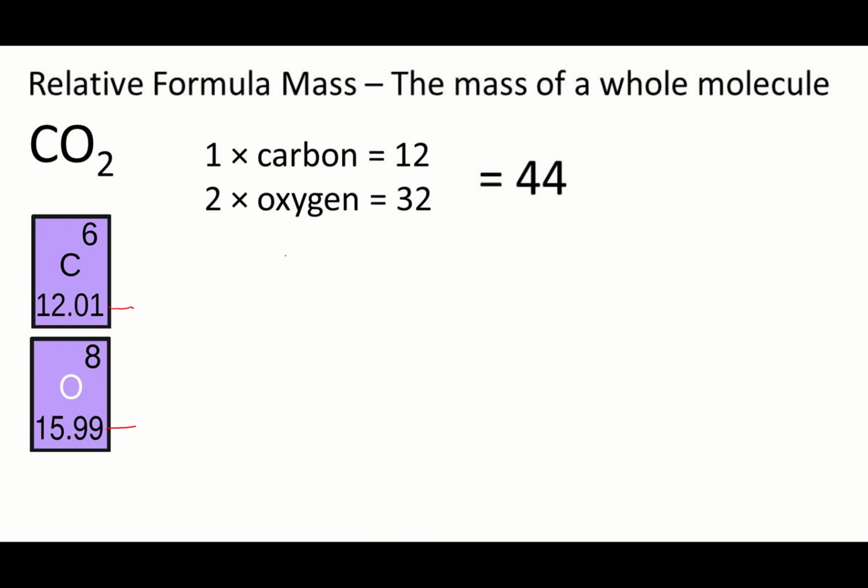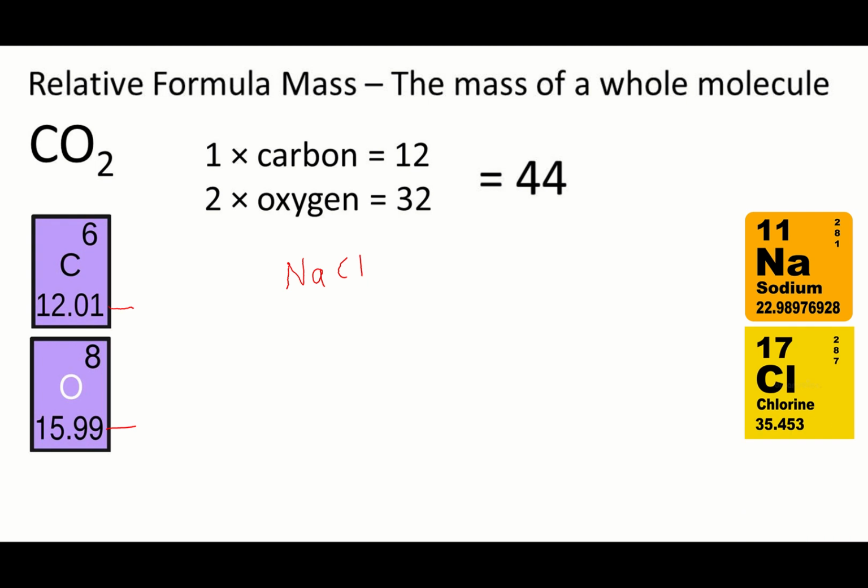If I was to get the relative formula mass of sodium chloride, I'd have to refer to the periodic table, quite handy over here already. So there's the bigger numbers for both. The formula dictates that it's a 1-to-1 relationship, so it's 1 sodium ion, 1 chloride ion.